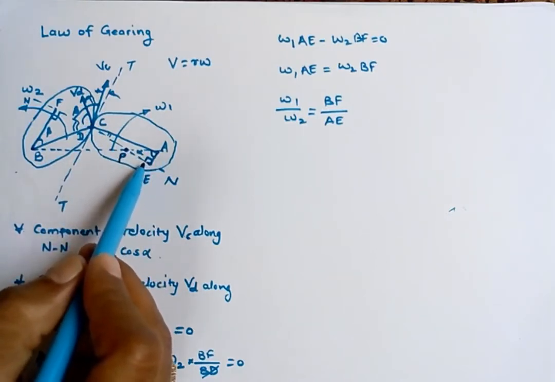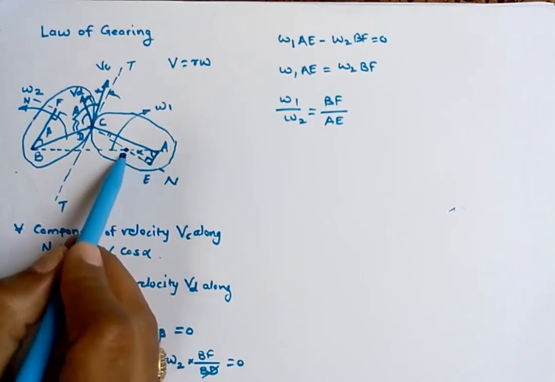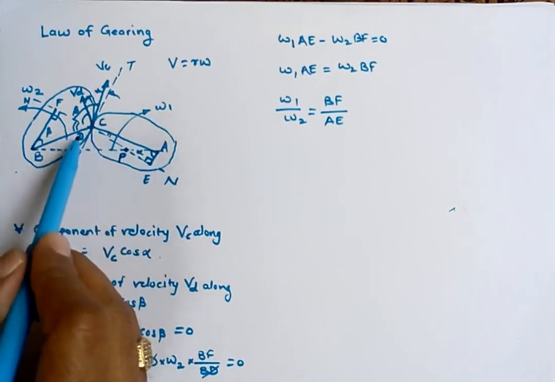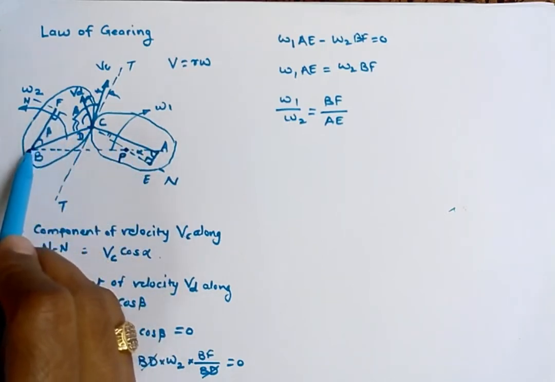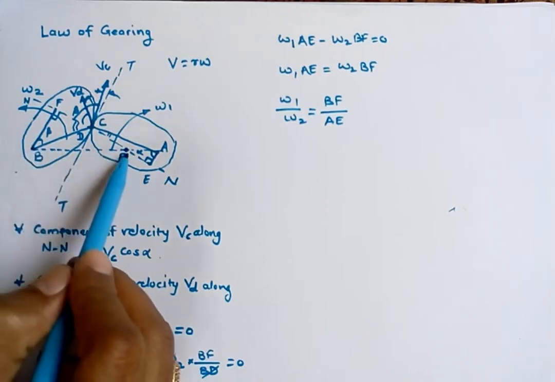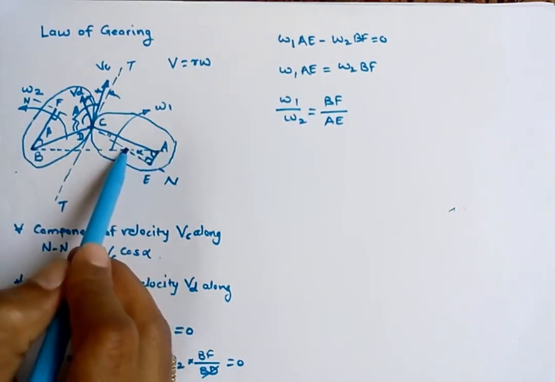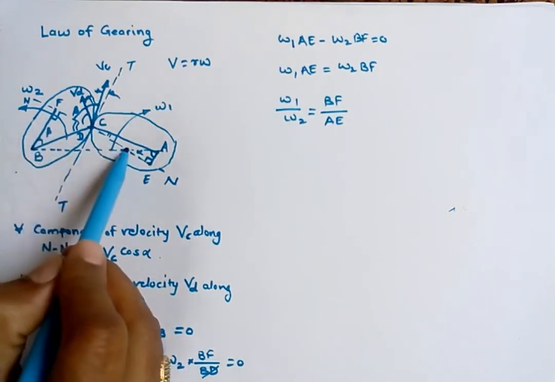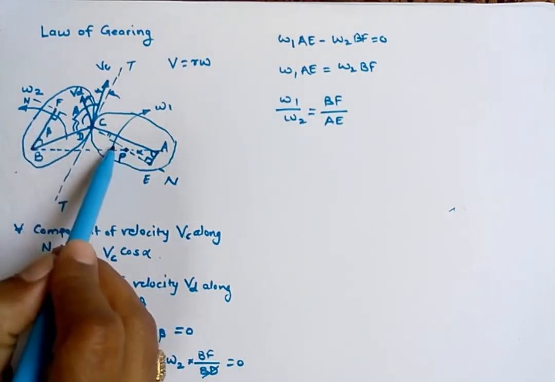In these two triangles, angle AEP is 90 degrees and angle PFB is 90 degrees, so these two angles are the same. Similarly, angle APE is the same as angle FPB, which are opposite angles.